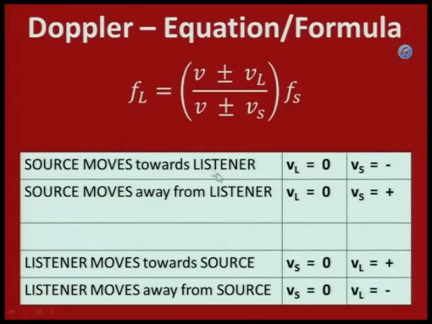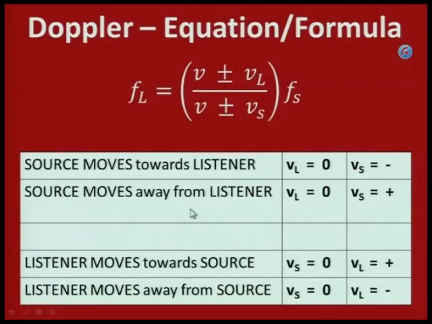If the source moves towards the listener, the listener is stationary, so VL is 0 and Vs is negative. If the source moves away from the listener, the speed of the listener is 0 and the speed of the source is positive. So this will again be 0 and Vs would be positive.